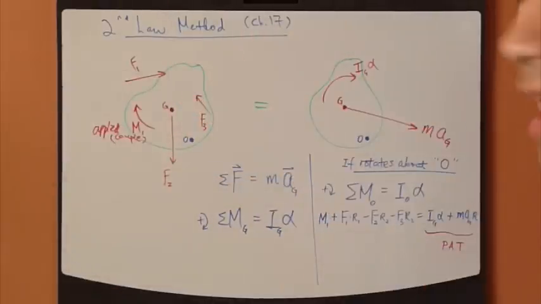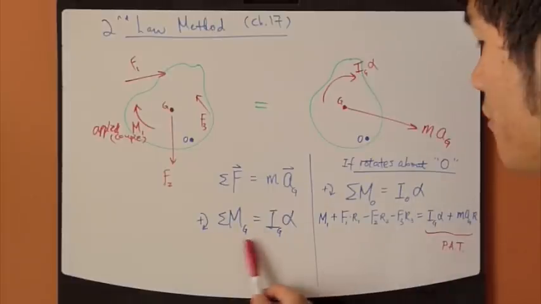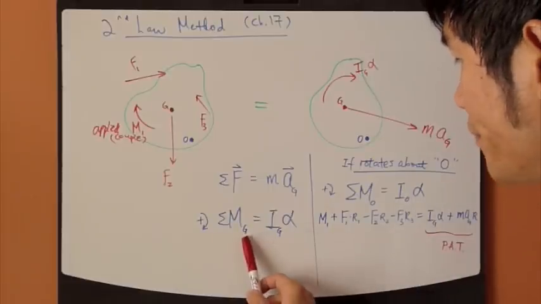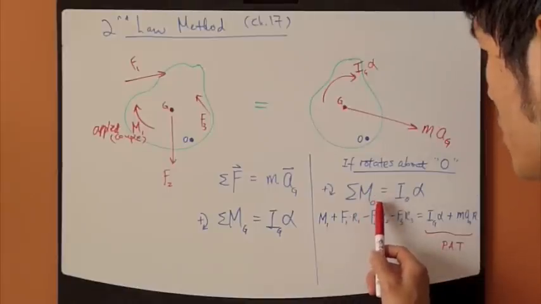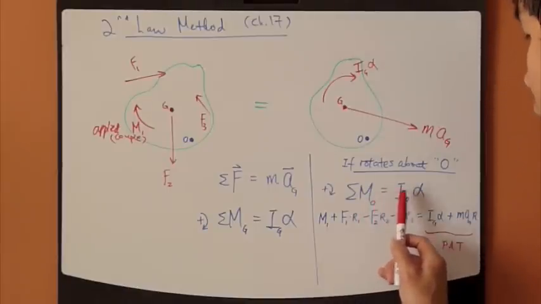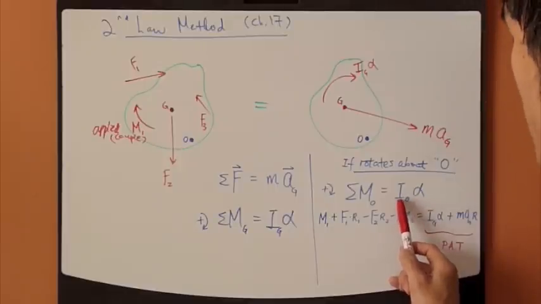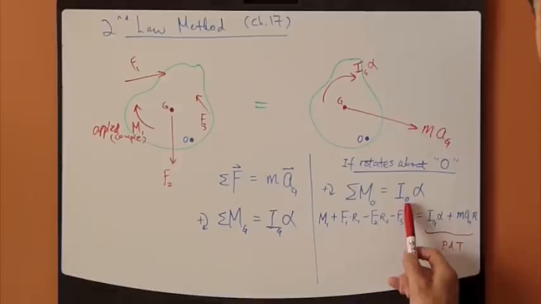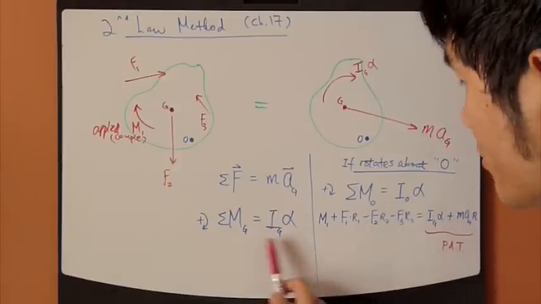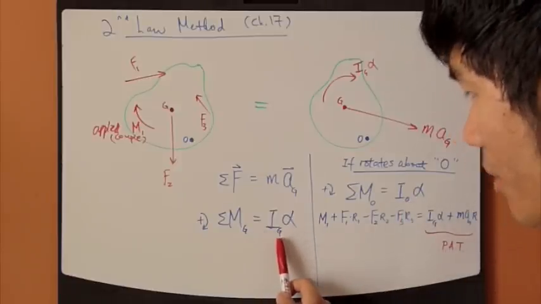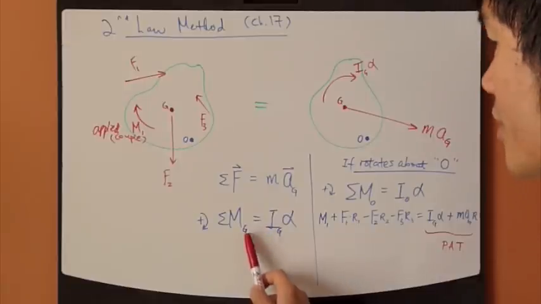In that case, which is very common in real life, you need to modify this equation so that the subscript now becomes point O, and then the right hand side is simply the mass moment of inertia about that same point O. That's all. This subscript can be anything, as long as it's consistent.